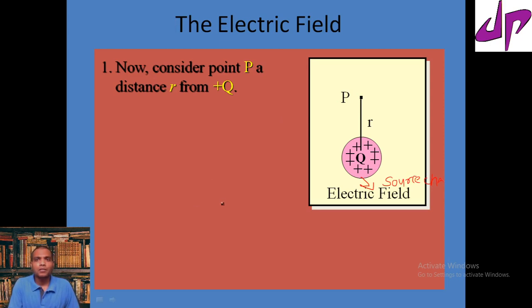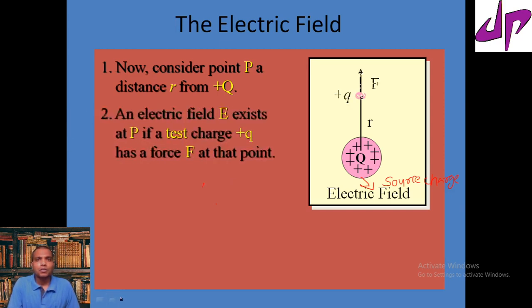Further, just bring a test charge of plus Q. To find out the electric field at point P, we need to bring a test charge of plus Q. It's compulsory. That is the convention we are following.